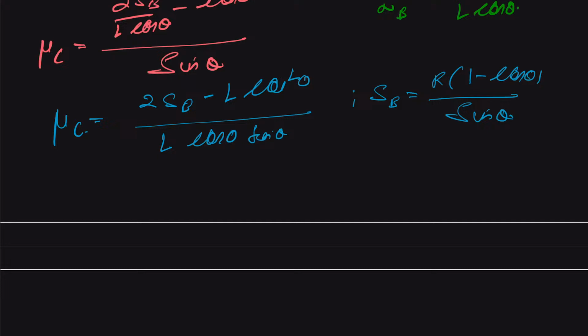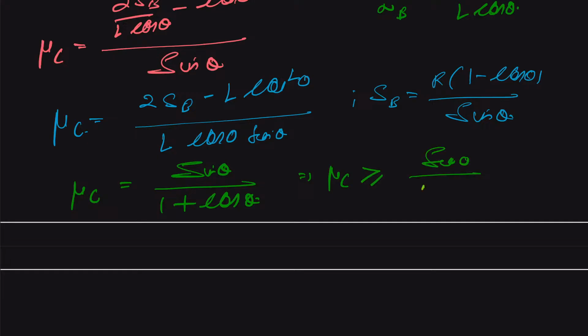So if we substitute it here, we get our mu of C is equal to sine theta divided by 1 plus cos theta. And this we considered using the limiting case, but we already know that our mu of C should be greater than or equal to sine theta over 1 plus cos theta. So this is our first part.